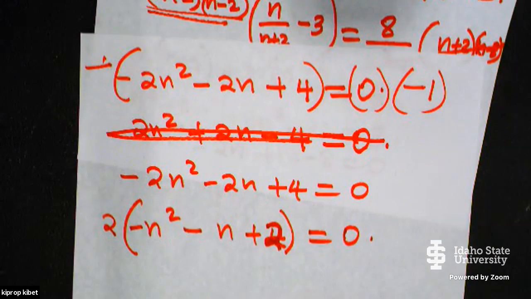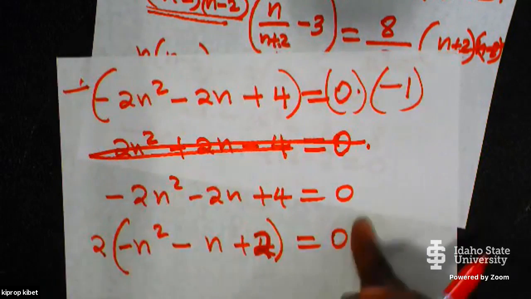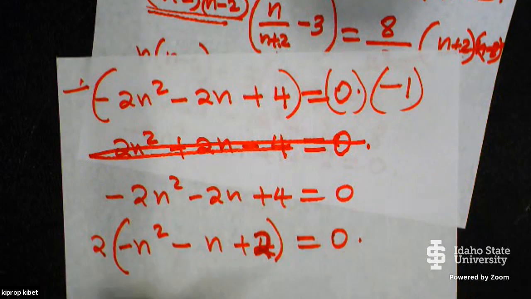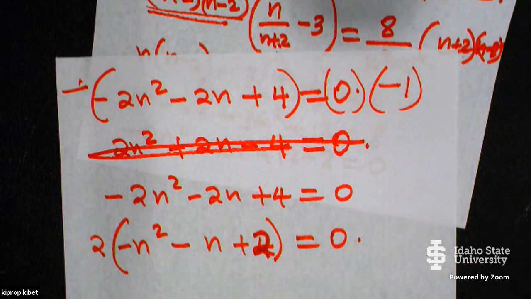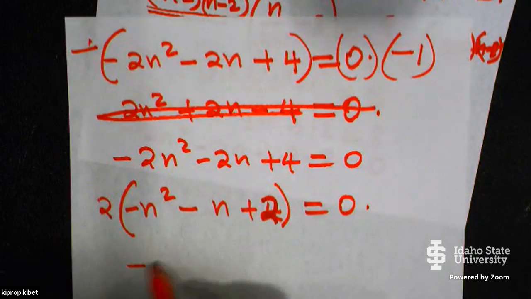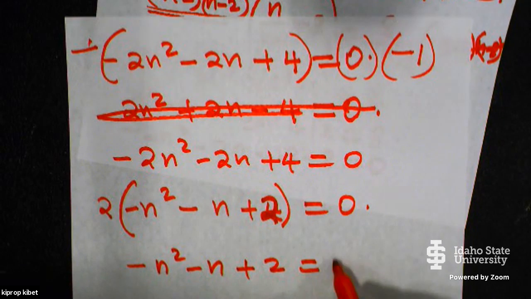All right? So you can just remove the 2 because you can divide everywhere by 2. So 0 over 2 is 0. So you remain with minus n square minus n plus 2 equals to 0.